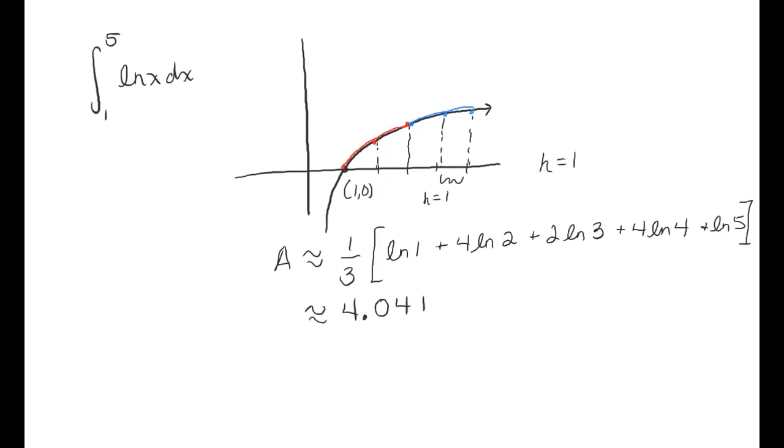Which, if we remember correctly, using integrate on the calculator or Mathematica gave the actual value of 4.047. So this time we are correct to the 100th place and only off by about 6 1,000ths. So our error is becoming less and less as we modify these approximation techniques.